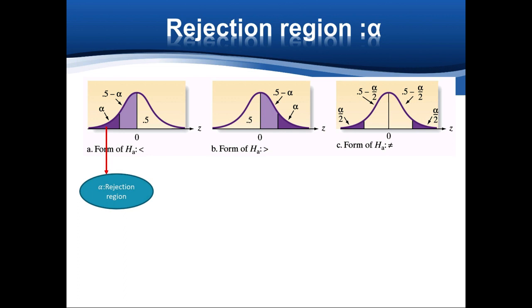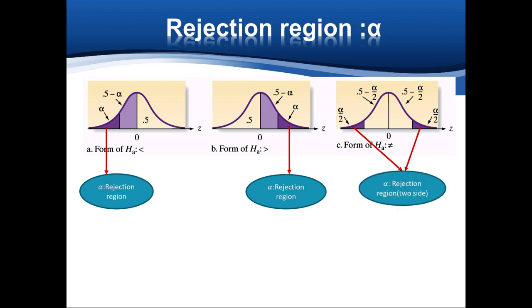If HA is bigger than, the rejection region is on the right. If HA is not equal to, the rejection region is on two sides. The cutoffs are critical values, which we need to find later.